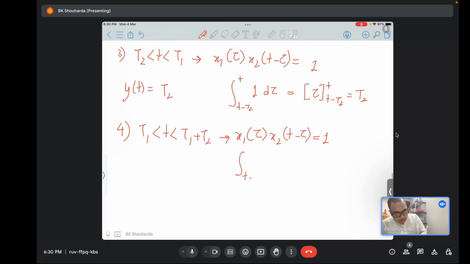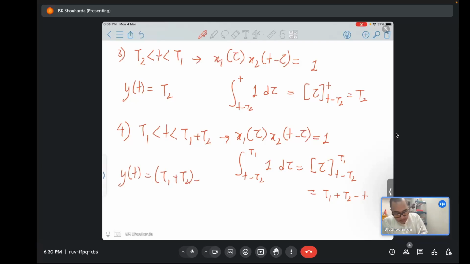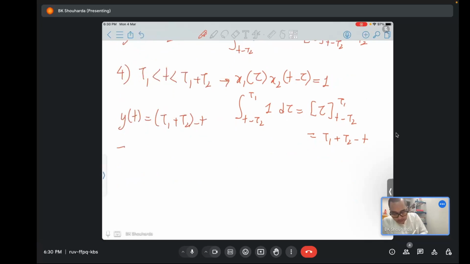So it will start from t minus t2 because t eventually reaches a maximum limit of t1, so that it gets fixed. So 1 d tau gives t1 minus (t minus t2), which comes to t1 plus t2 minus t. So it becomes t1 plus t2 minus t.